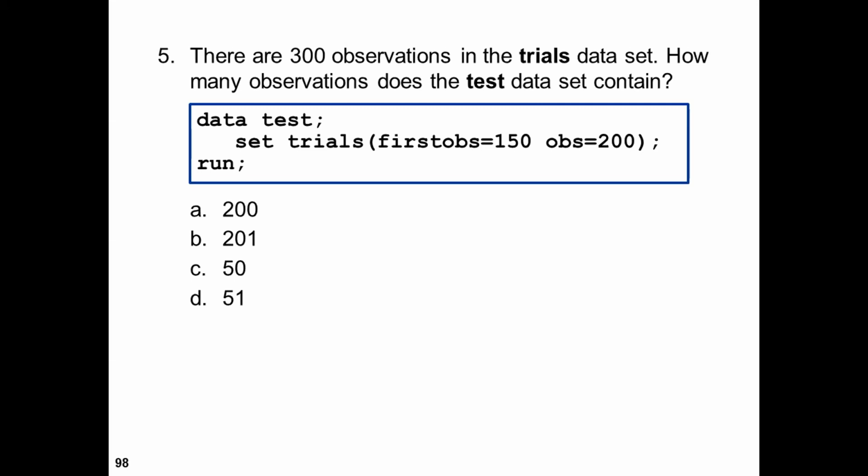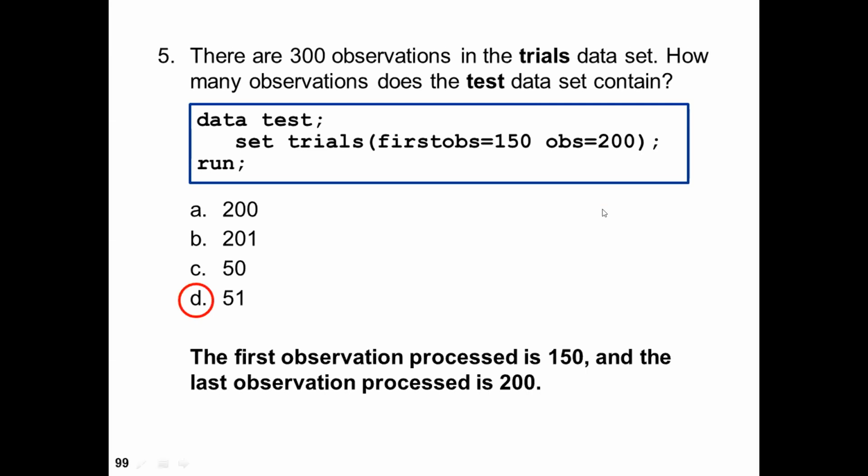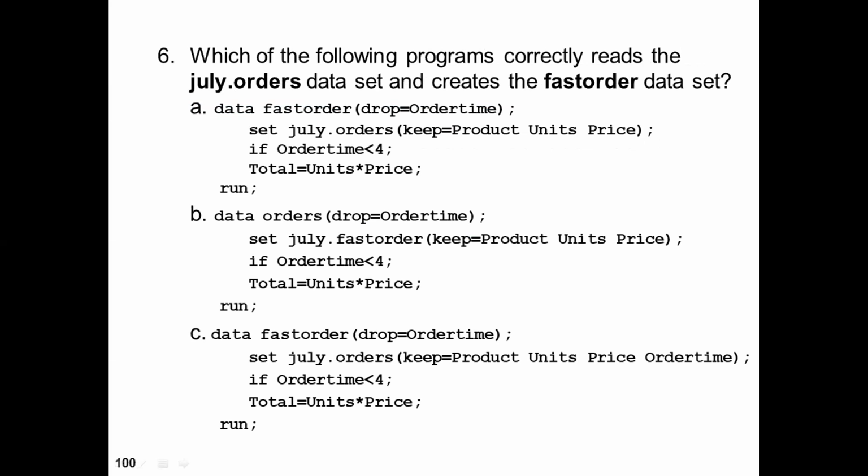So see, with set trial, you are reading from the first OBS=51 to 200, and the total is 300, but you are giving a range from 50 to 200. So it's going to be 51. Absolutely correct.